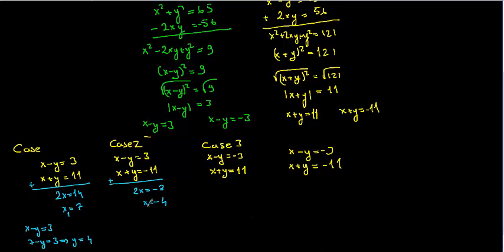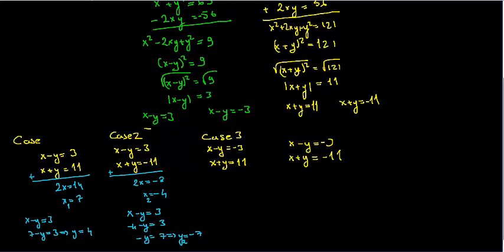Then if x2 is equal to minus 4, x minus y was equal to 3, then minus 4 minus y was equal to 3, so minus y is equal to 7. This implies that y2 is equal to minus 7.